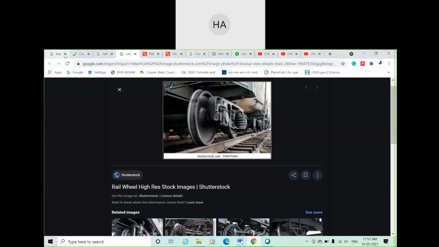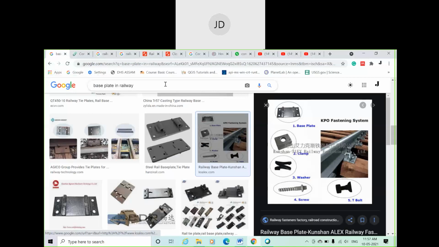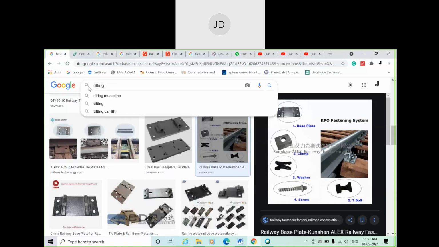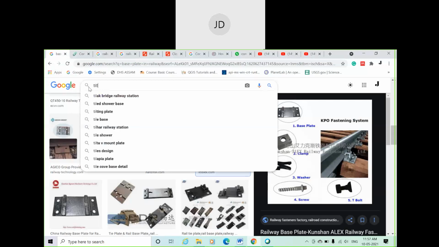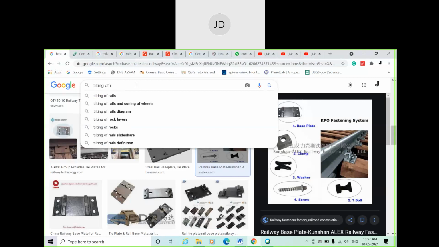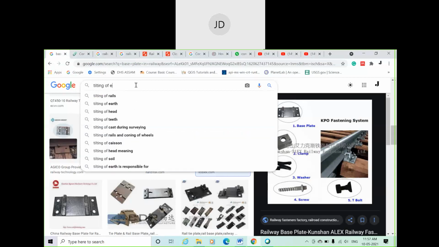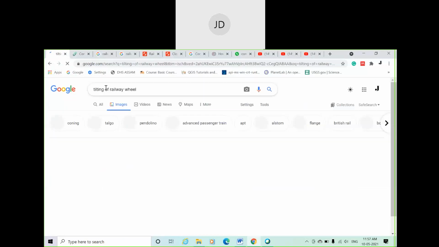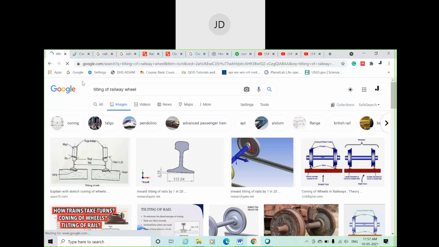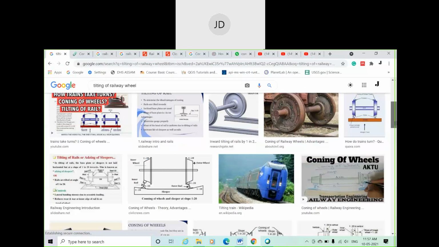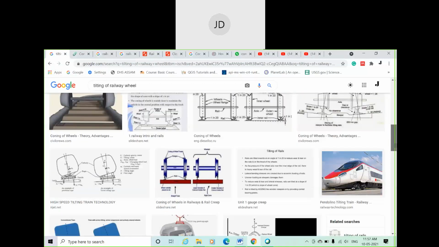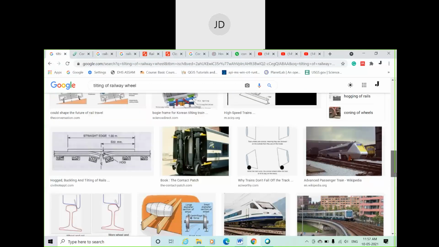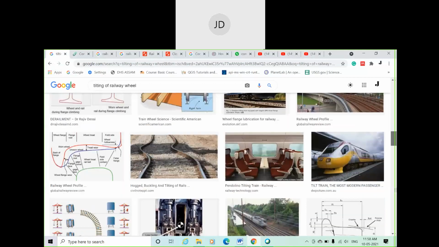Yes, sir. Okay, let me check whether tilting of rail is available or not. There is no actual practical diagram here.